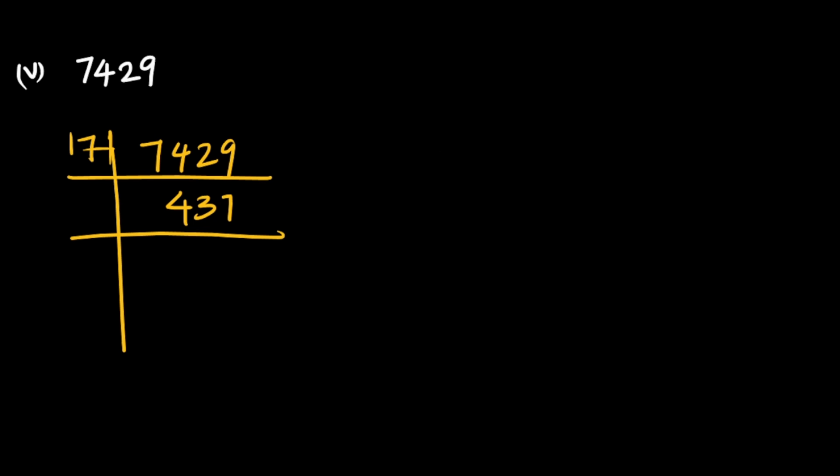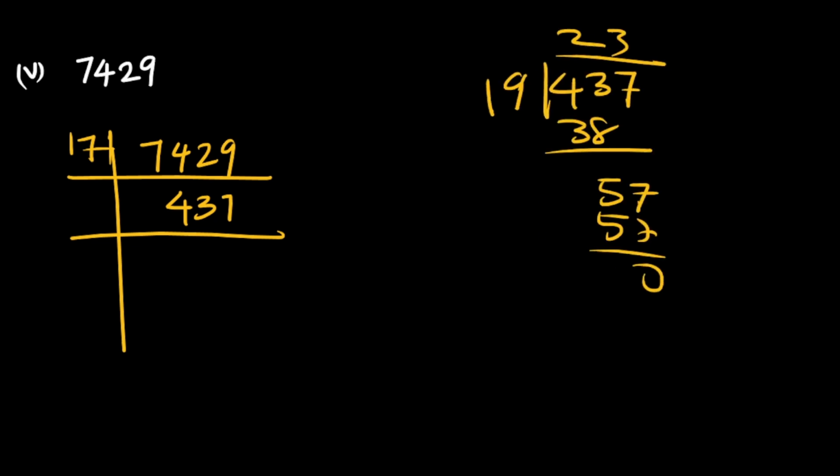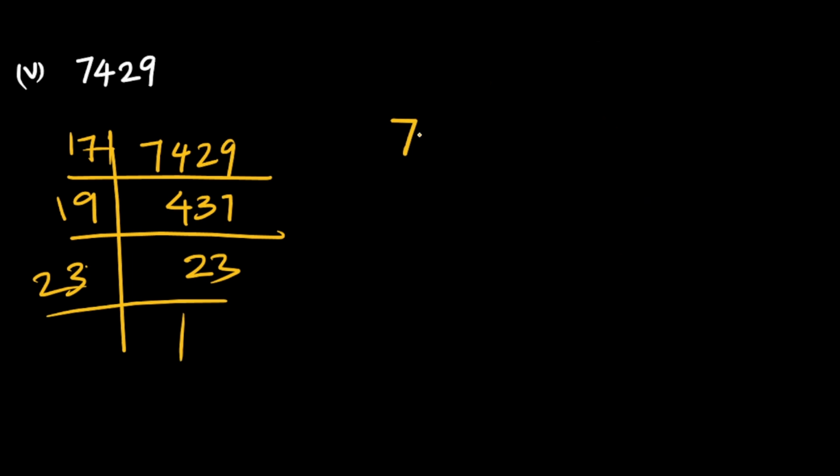After 17 you have 19, right? Check whether it will go in 19's table or not. That is 437, 19, right? So we'll have 0. So this will go in 19's table. It is divisible by 19. You have 23. 23 again is a prime number. So 7429 can be written as 17 into 19 into 23.